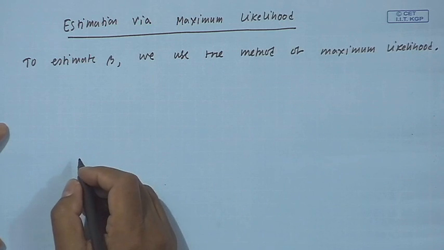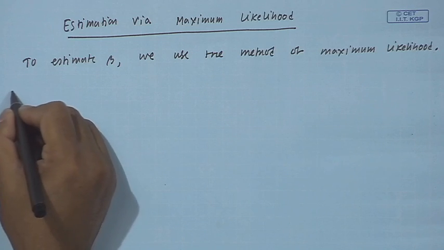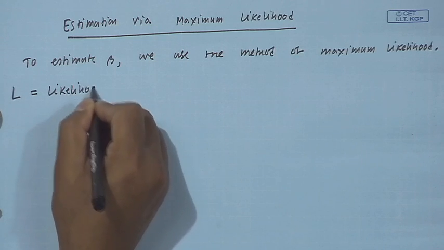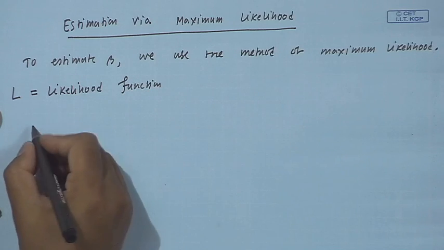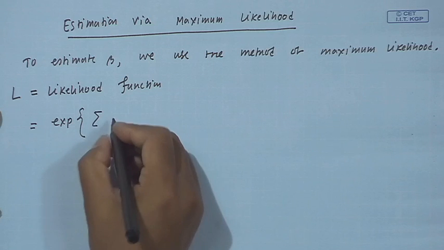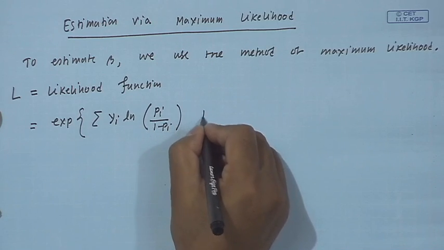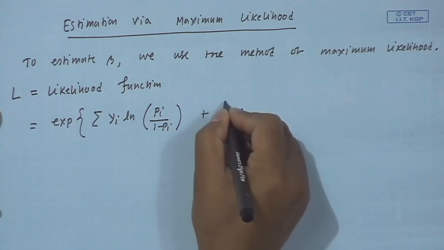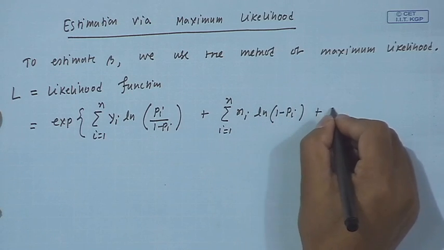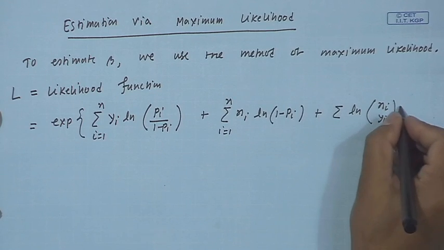First, what we do is construct the likelihood function L, which is nothing but the joint probability of y_1, y_2, ..., y_n, and we know that this is, just now we computed, exponential of sum over i equal to 1 to n of y_i ln p_i by 1 minus p_i, plus sum over i equal to 1 to n of n_i ln 1 minus p_i, plus ln n_i C y_i, right.